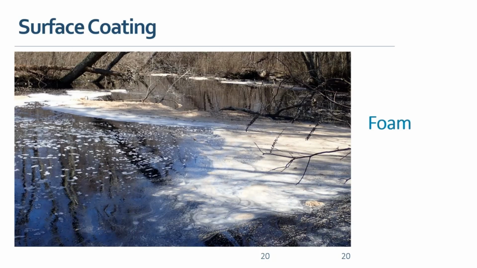In this case, you can see that some of the foam is looking kind of brownish. Natural foam can be from the aeration of the water along with natural plant oils creating a foam. But it can also be from things that we put into the environment, like from washing our cars or things like that.